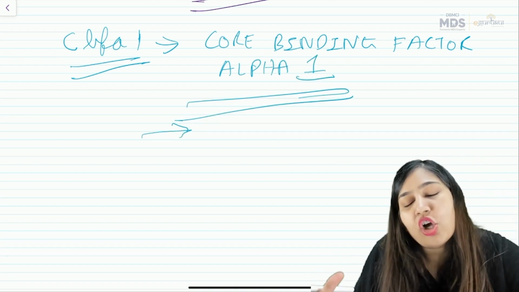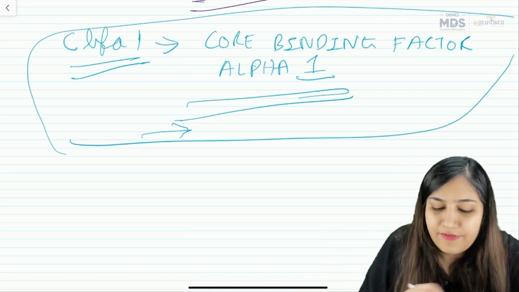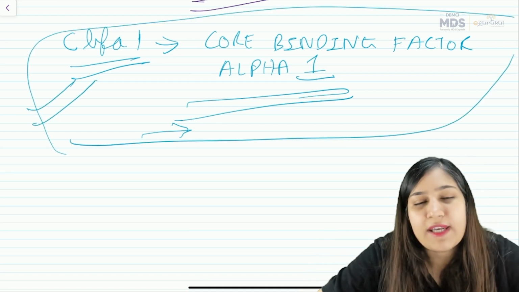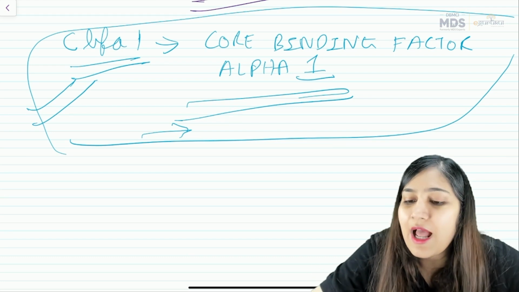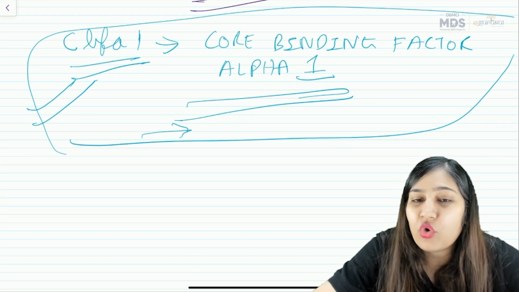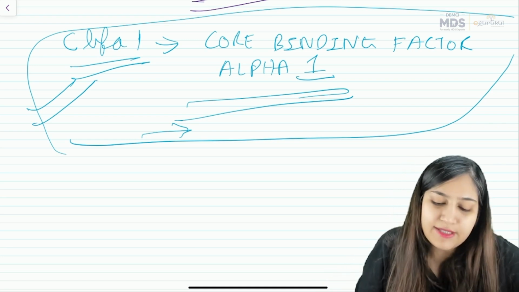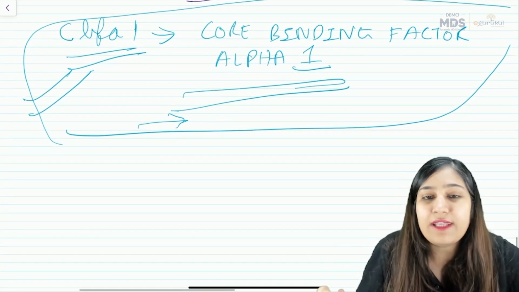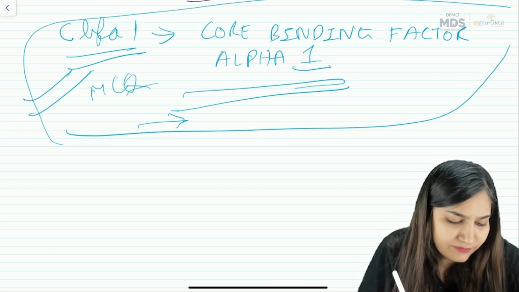It is involved in osteoblastic differentiation and osteogenesis. It plays an important role in osteogenesis and osteoblastic differentiation. So CBFA1 can be asked as an MCQ question.